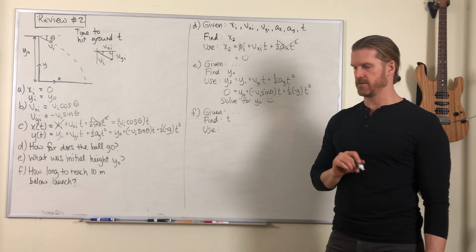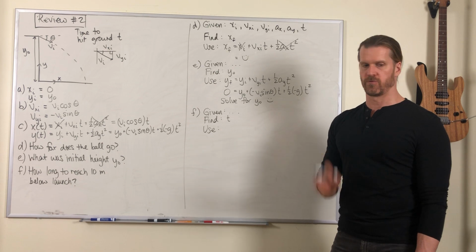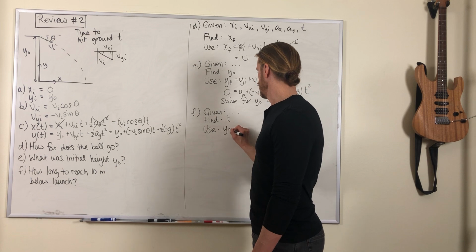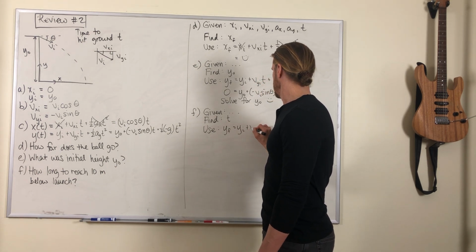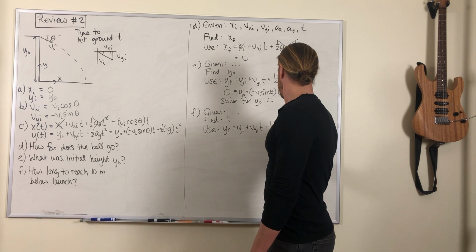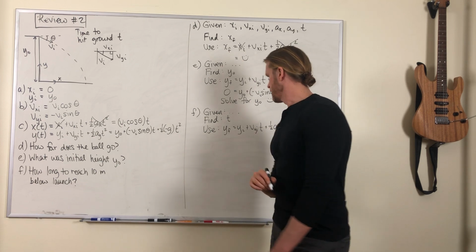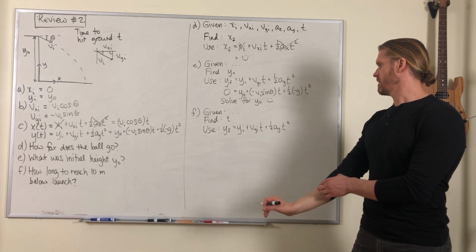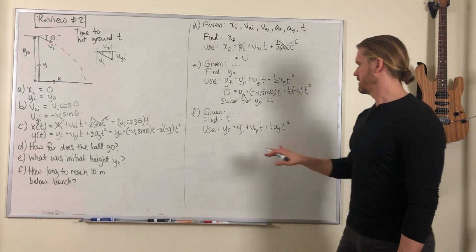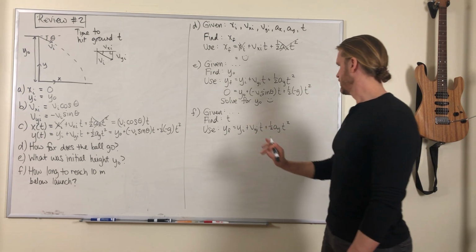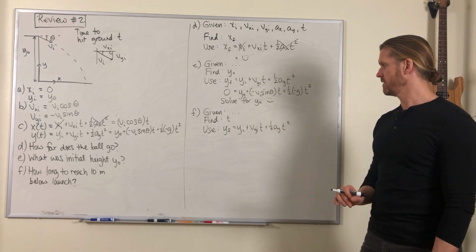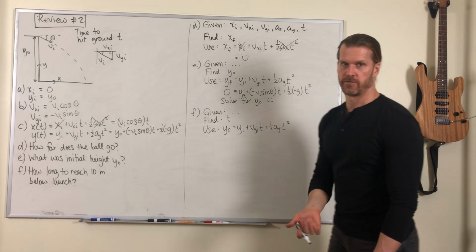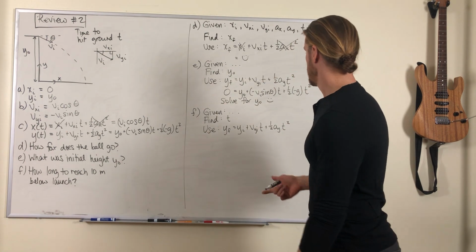And again, if you look through all of those equations, you'll realize that the only one that can do the job is this one. And unfortunately, none of these terms go away. They're all non-zero, so we have to do some algebra and the quadratic formula.